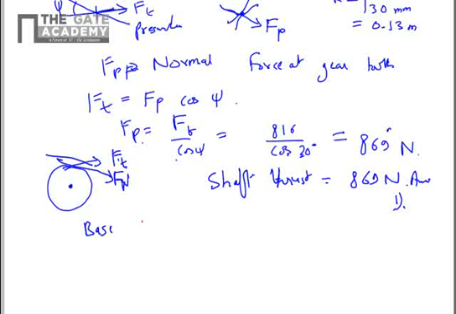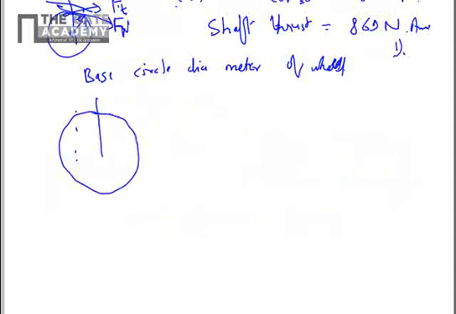For the second part, it is asked for the base circle diameter of the wheel, which is required for the involute profile generation. So we know the geometry here: this is the pitch circle, then you have the center point, and a line is passing for the force line.